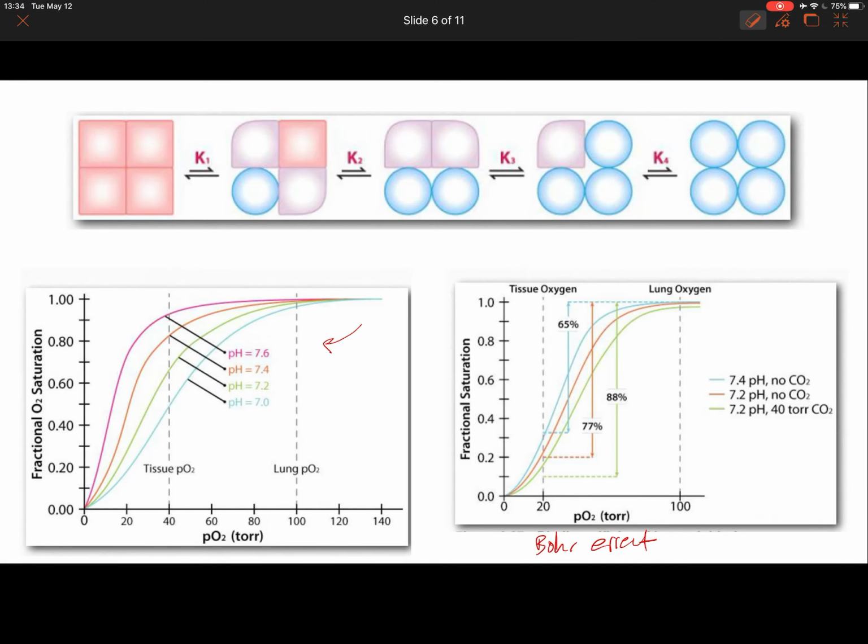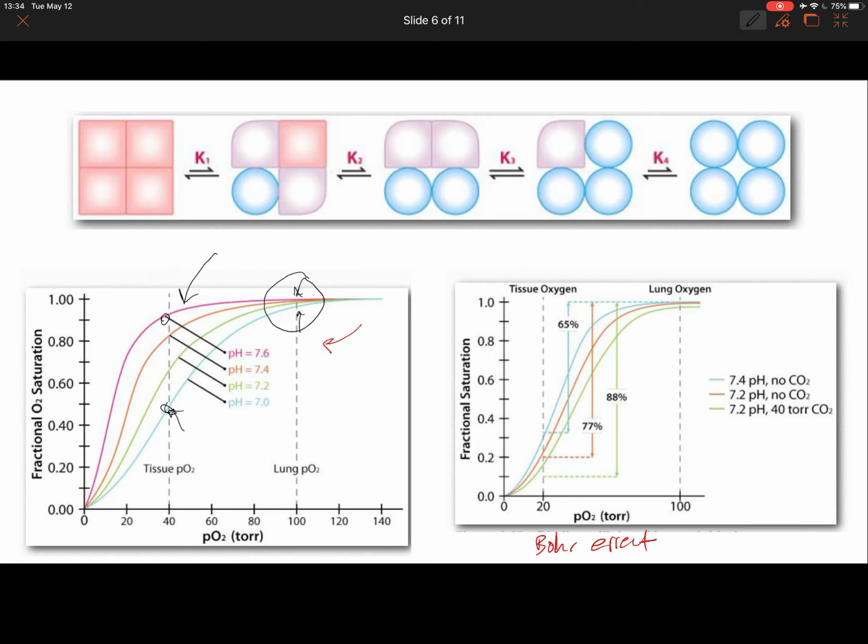If you pay attention to this little area right here, you do see that in the lungs, the saturation of the blue line is lower than the one of the pink line, right? So there is some difference, at least in the lungs. It's more pronounced in the tissue. In the tissue, you can see the saturation at a pH of 7 versus a saturation at a pH of 7.6 is very, very different.